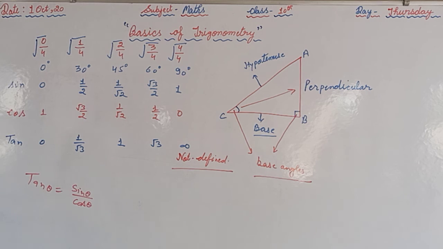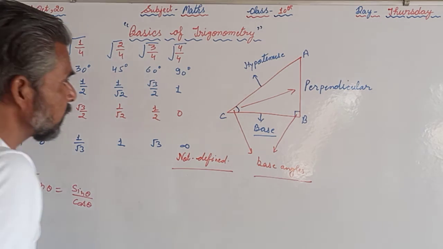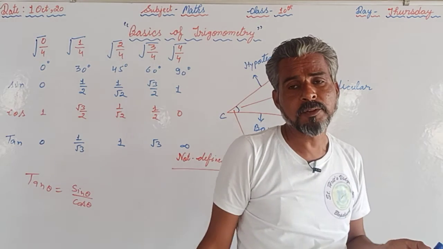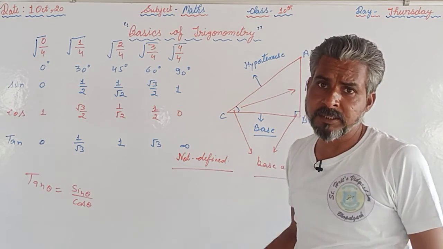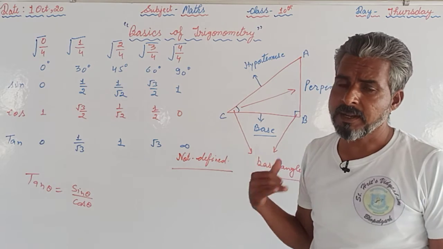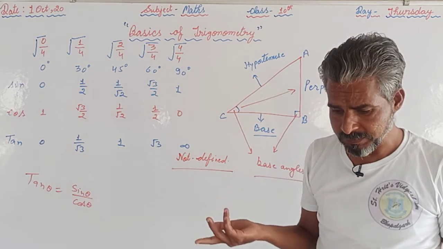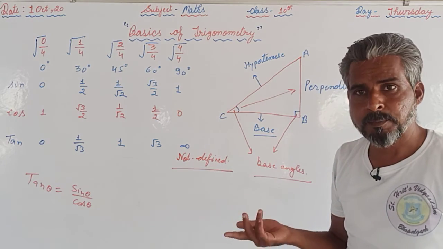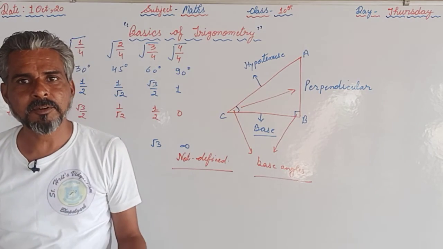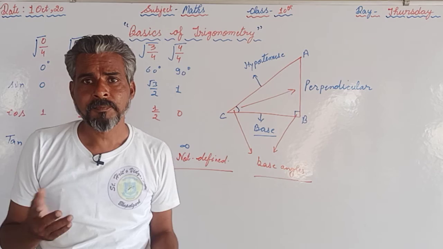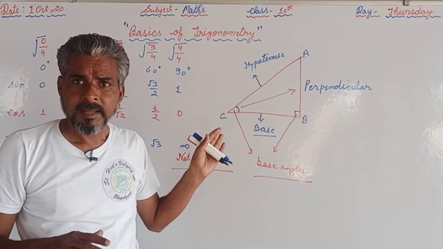This table is very useful during this chapter. I hope you have understood these basic things related to trigonometry, and if you are facing any problem or doubt, you can message us. We will try to rectify your doubts, and in the next video, tomorrow, we will start the exercise.